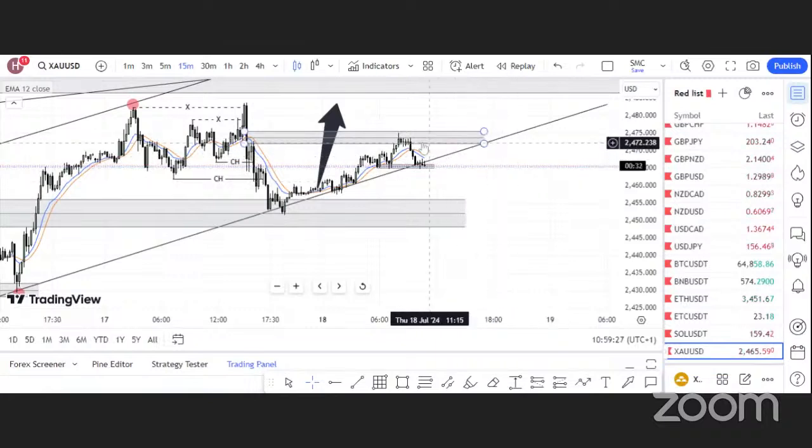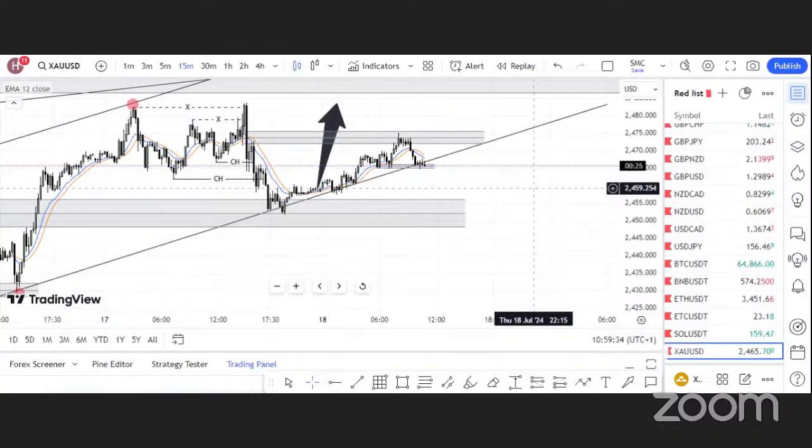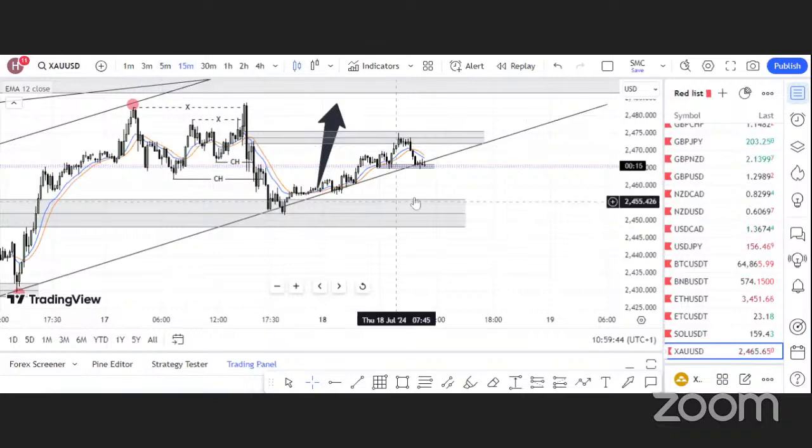What we were initially waiting for was the break of this support. But I don't think that is happening anytime soon. So guys, the confirmation we waited for didn't happen.